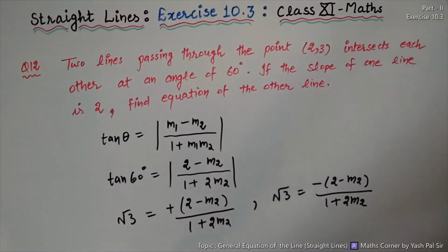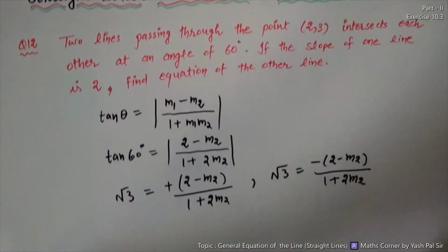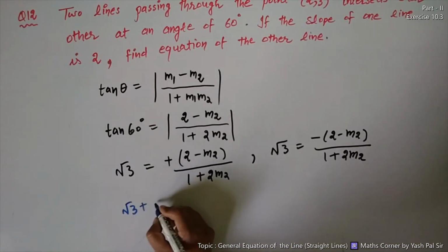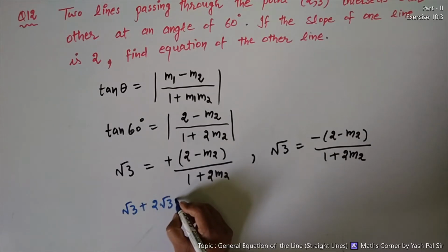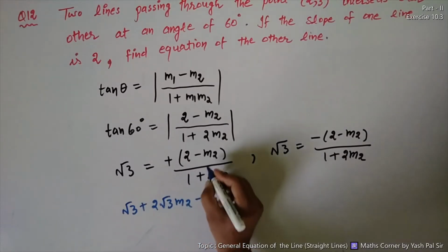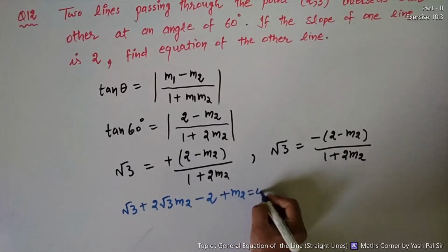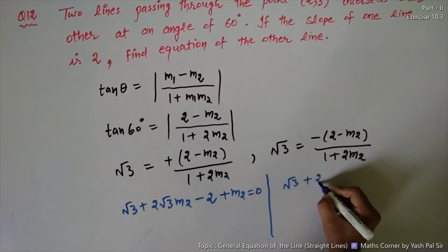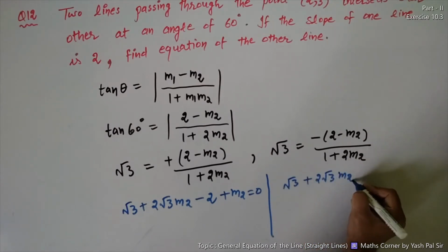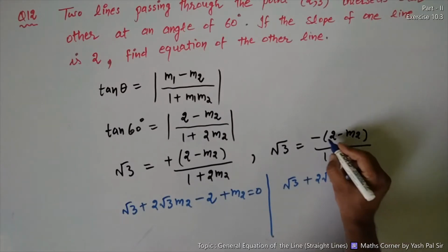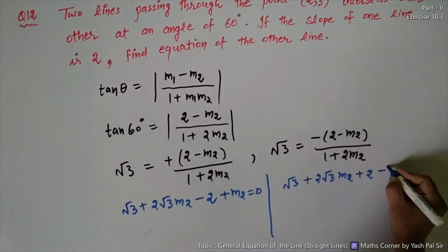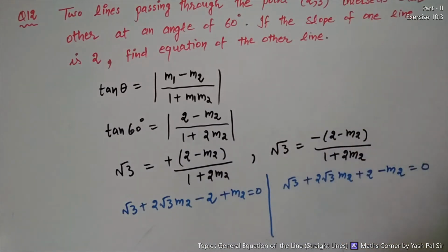So solving this first time, this becomes square root 3 plus 2 square root of 3 m2 minus 2 plus m2 equal to 0. This becomes square root 3 plus 2 square root of 3 m2 plus 2. This becomes minus 2 plus m2. This becomes minus m2 equal to 0.